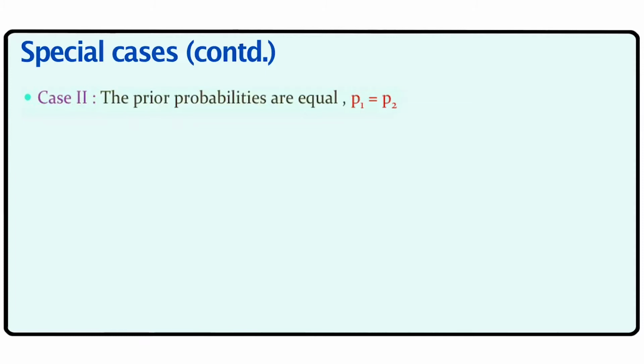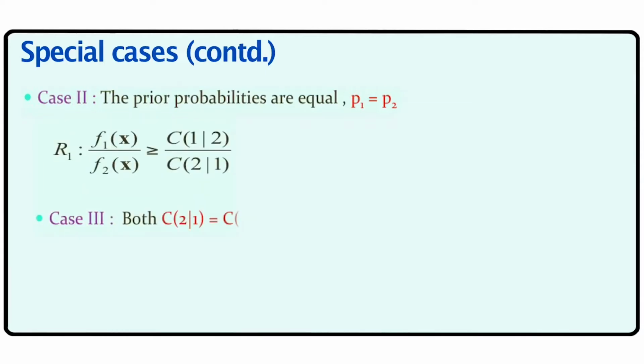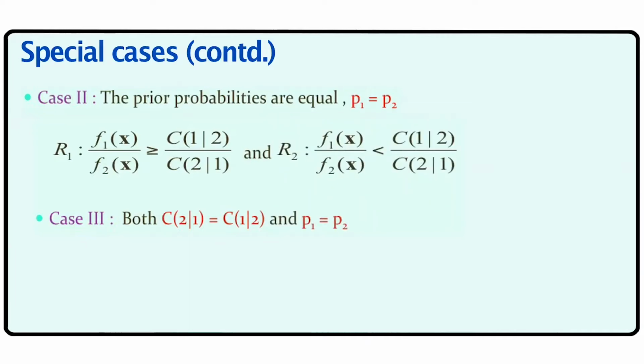Two other special cases. The first of them is when the prior probabilities are equal. If the chance of coming from either of the two groups is half, then f1(x)/f2(x) would be simply dictated by the ratio of the two costs. So f1(x)/f2(x) greater than C(1|2)/C(2|1) places the observation in the first group, and the ratio being less than C(1|2)/C(2|1) places the observation in the second group.